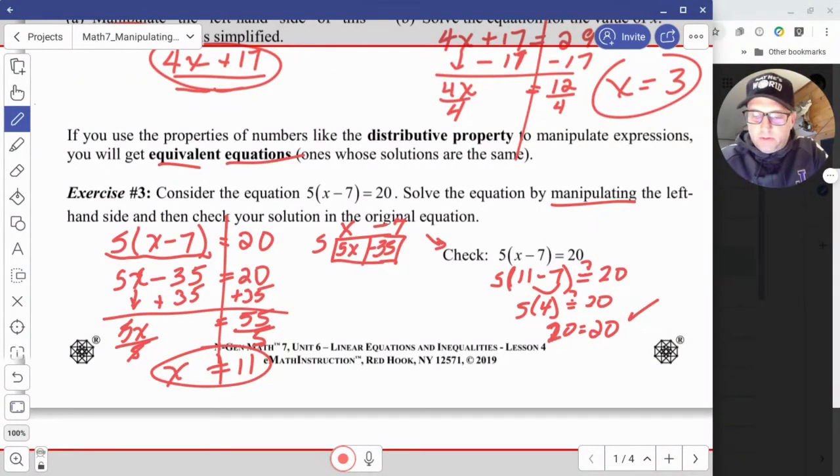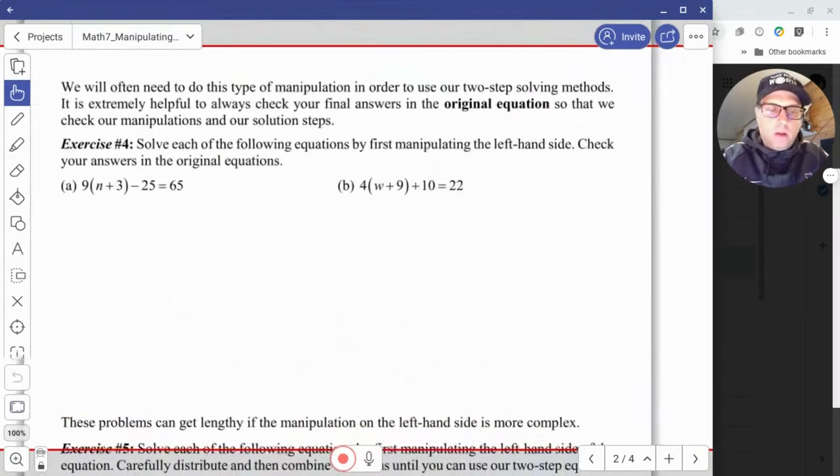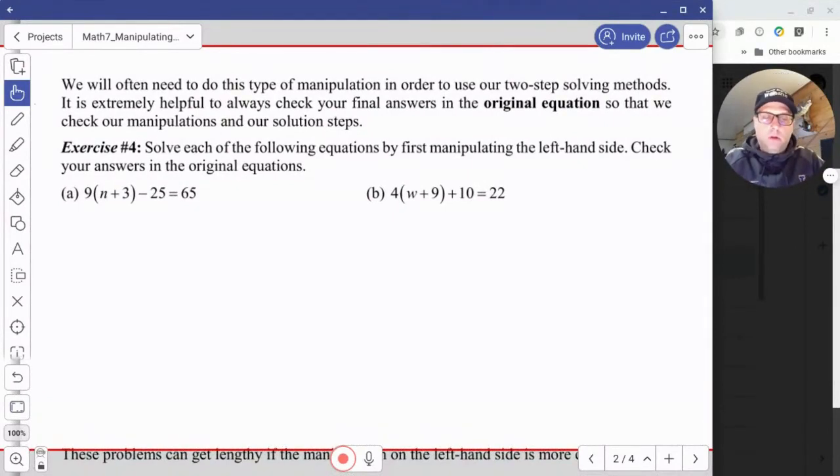Okay, let's turn that page over. Here we go. Okay, so exercise 4.